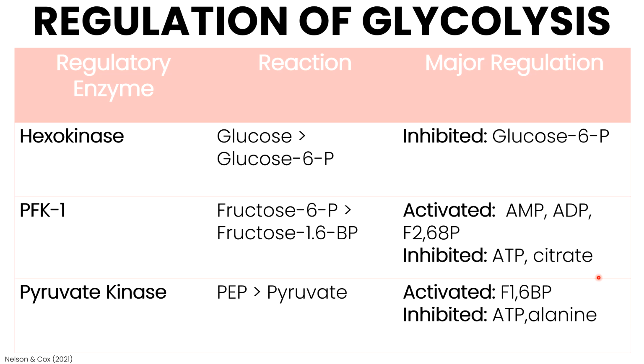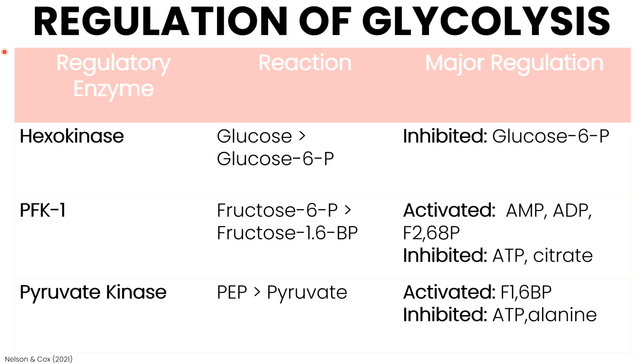But in contrast, fructose 1,6-bisphosphate is then going to activate pyruvate kinase. This is an example of feed-forward activation. An intermediate is produced earlier in glycolysis, which signals a later enzyme that a substrate is able to move through the pathway, helping coordinate activity between earlier and later reactions.